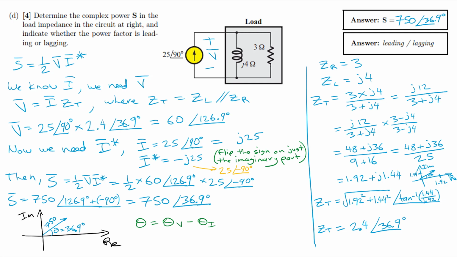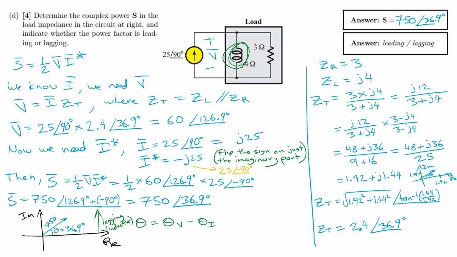So let us just make a note. The current lags the voltage when the power angle is positive. So when it's positive, then the power factor is lagging. Also means that it's inductive, which is great because, hey, look, there's an inductor there, so it's supposed to be inductive.